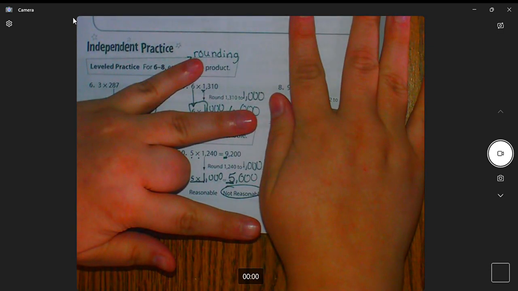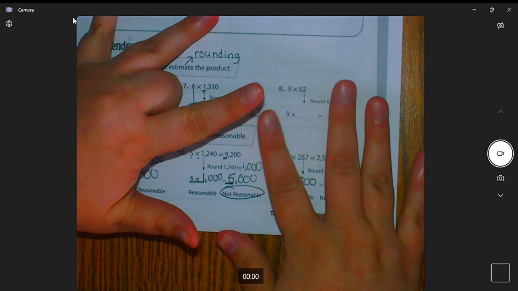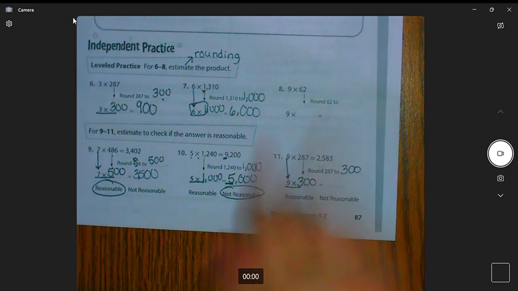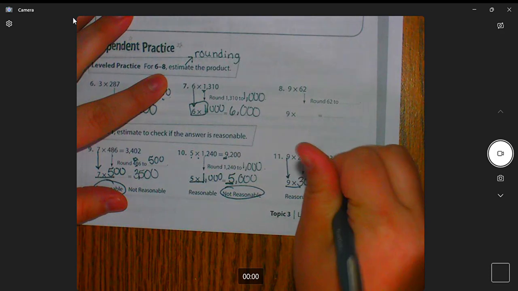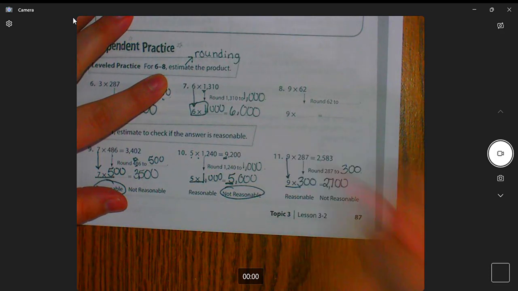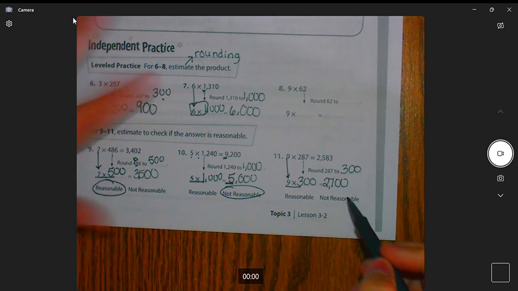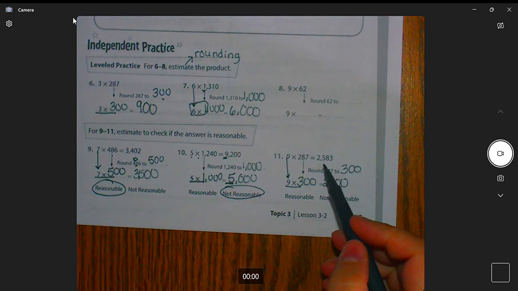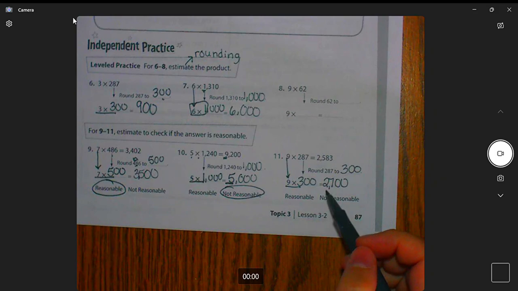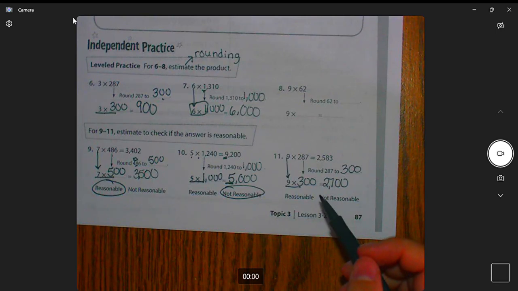I have 2 tens, 7 ones, so that gives me 27. I multiplied by 100, so I have 2 zeros. 2,700. 2,583, 2,700. Is this a reasonable estimate or is this a not reasonable estimate?